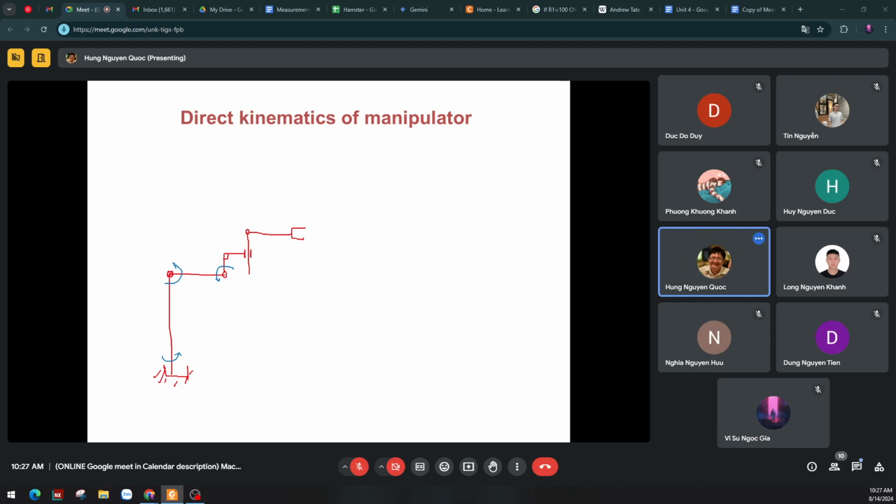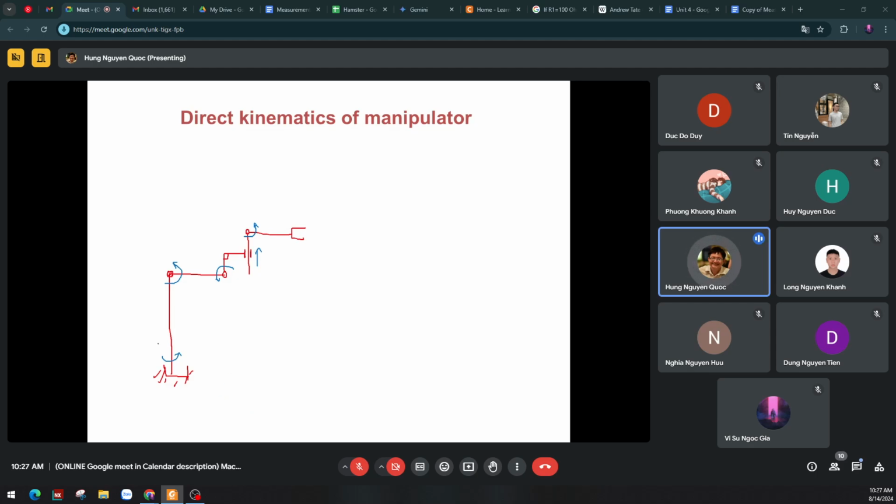Three. Wow, it's much more difficult, right? This is 4. And this is 5. Do you agree? They have 5 degrees of freedom.